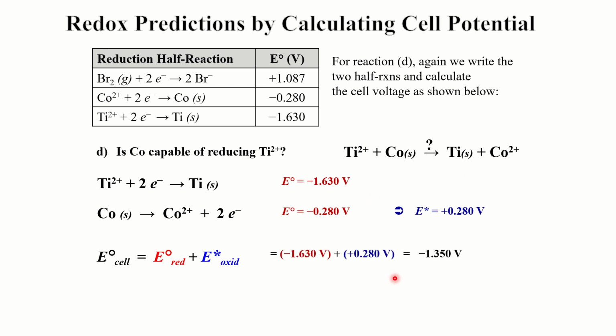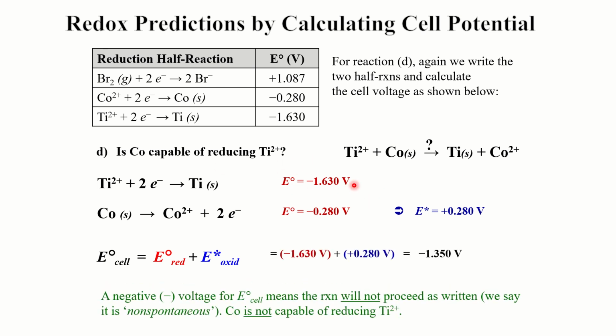When I add these values together, the reduction potential for the cathode and the oxidation potential for the anode, I get a value of negative 1.350 volts, meaning then that this reaction will not proceed as written. It is non-spontaneous.